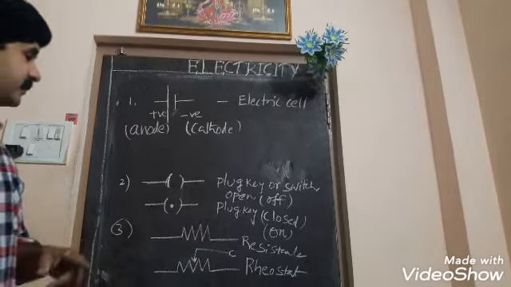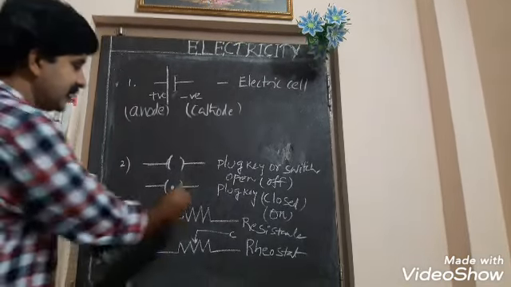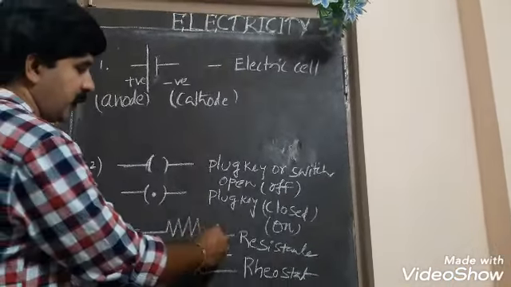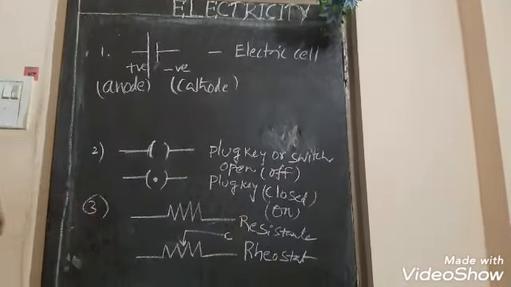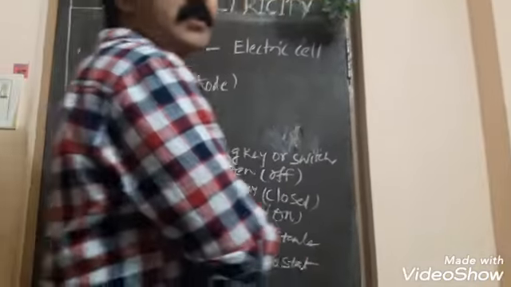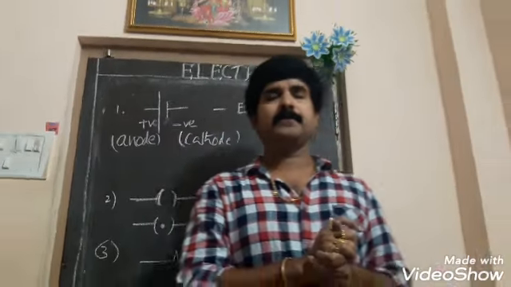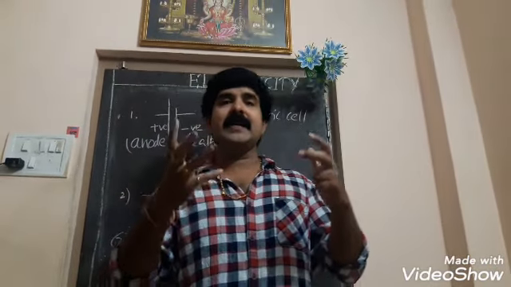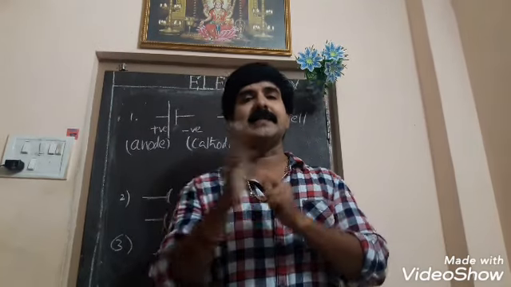Okay. Next thing is these ups and downs curve, which indicates resistance. What is meant by resistance? Resistance is the quality to resist the flow of current in the conductor.